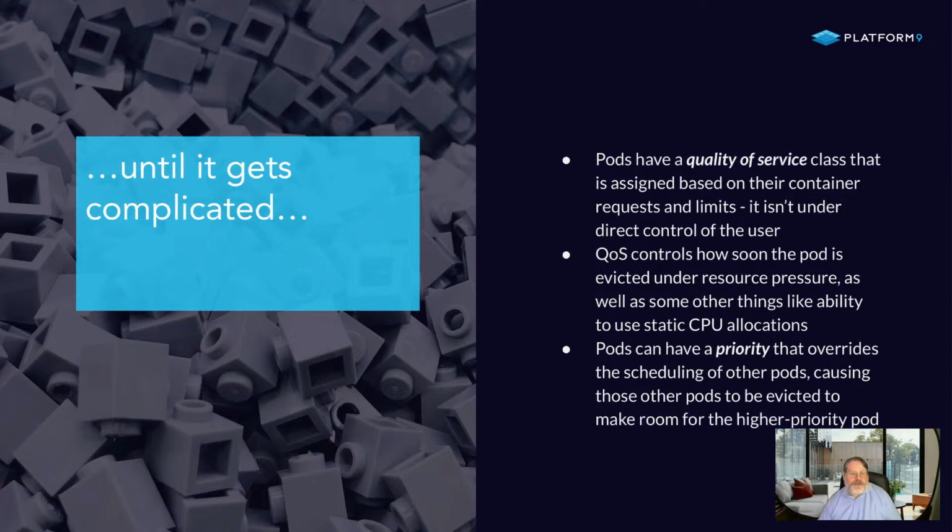Until it gets complicated. It's not as simple as it looks at first glance. When you start digging into this, one of the first things you find out is that your resource requests and limits, and how they're set in relation to each other and which resources they are set on, then determine what's called a quality of service class. And you don't have direct control over that. But QoS controls things like when your nodes come under resource pressure and pods need to be evicted, how soon does that pod get evicted?